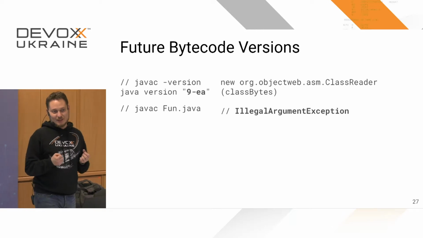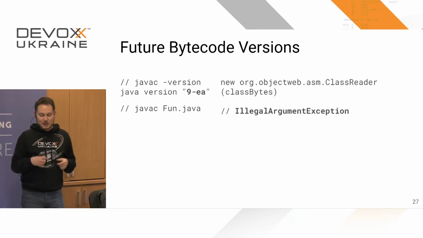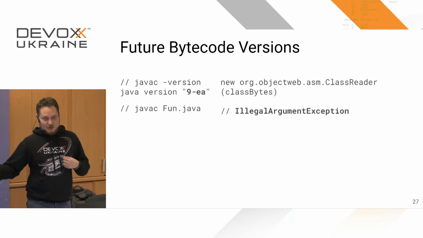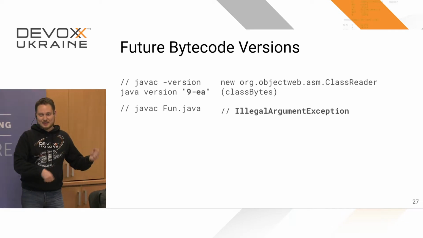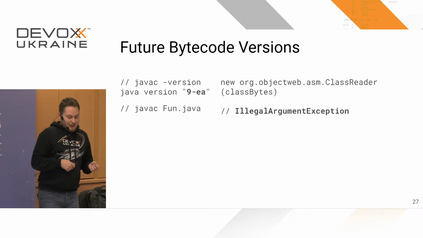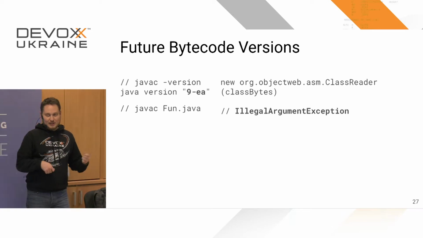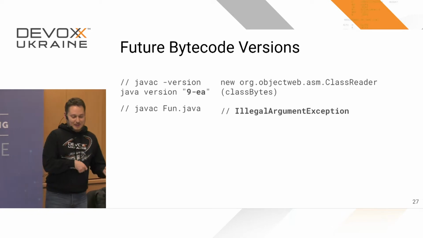It doesn't know it yet. This is a little bit of a chicken and egg problem, because you couldn't release the library with the support of something which was not released. And how would you test the Java 9 early access build, whether you're compatible with it?